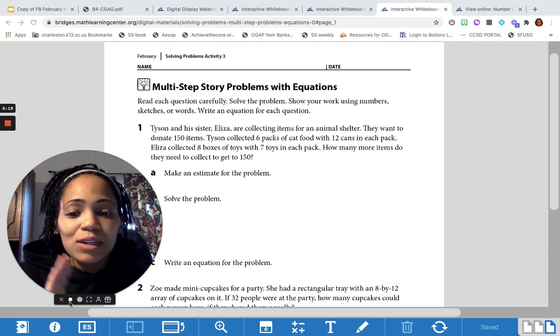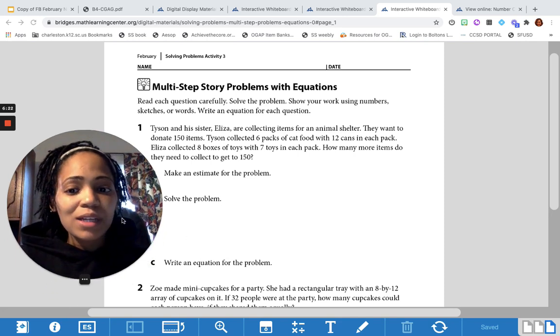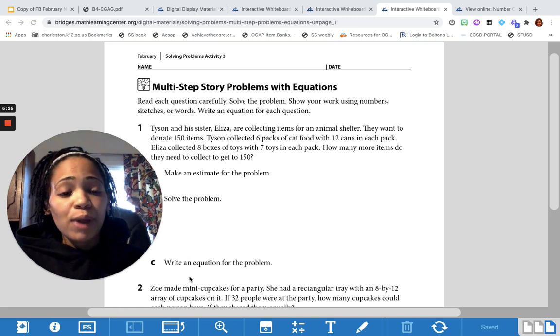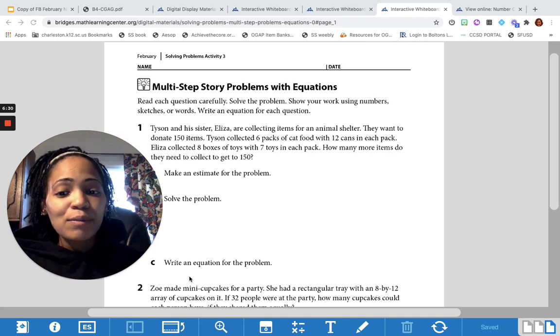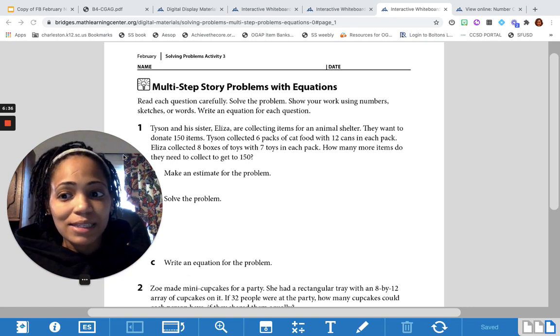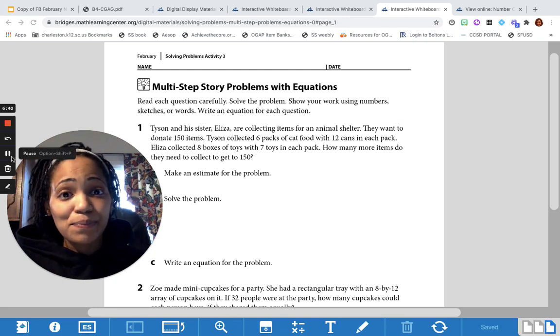So we're actually going to go a little backwards when we're trying to solve this problem. And we're going to start with writing the equation. And when we write the equation, since this is a multi-step problem, we are going to write an equation for each step. Okay, are you with me? Then we'll use that to help us make an estimate before we actually solve the problem.